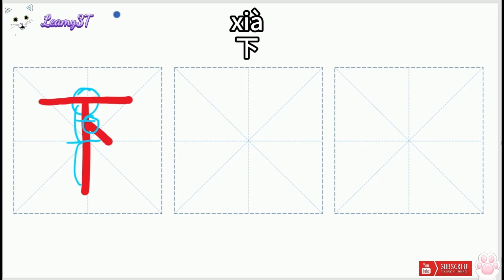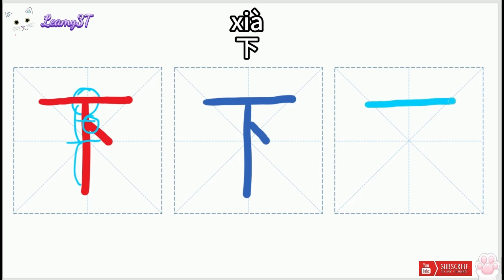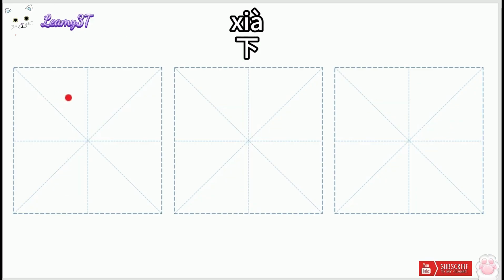Right, please. Heng, shu, diǎn. One more time. Heng, shu, diǎn. Again, one more time. Heng, shu, diǎn.